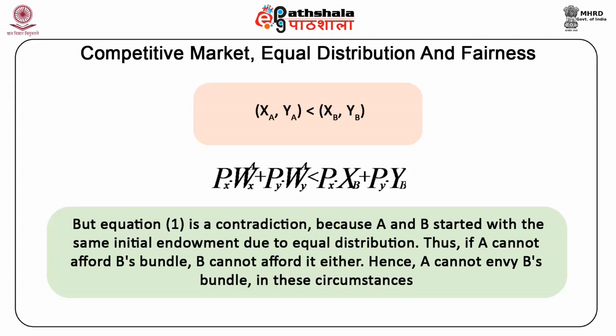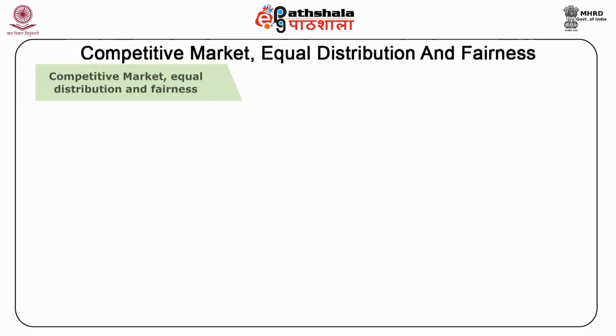But equation 1 is a contradiction because A and B started with the same initial endowment due to equal distribution. Thus, if A cannot afford B's bundle, B cannot afford it either. Hence, A cannot envy B's bundle in these circumstances.